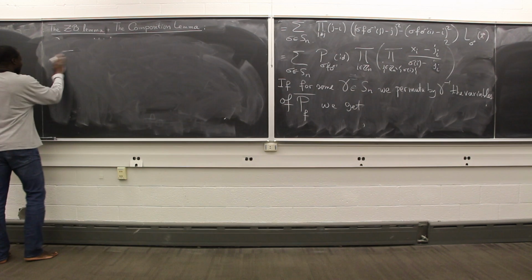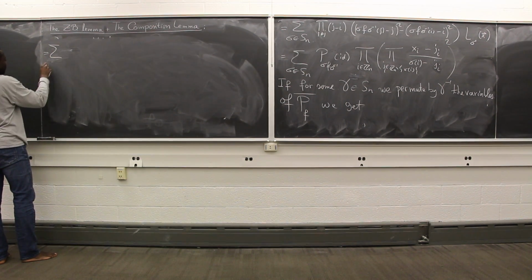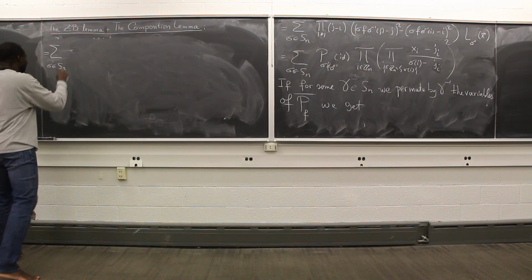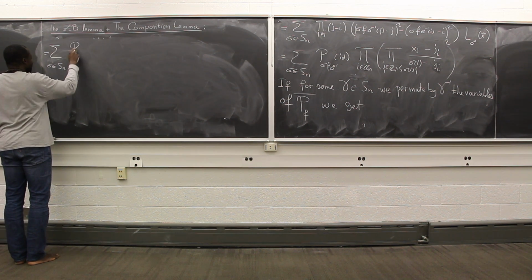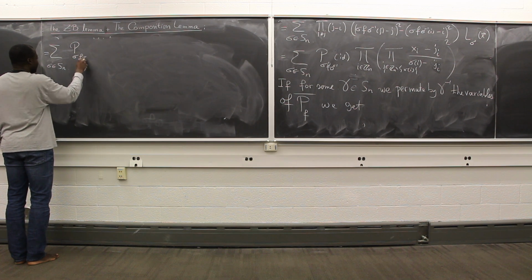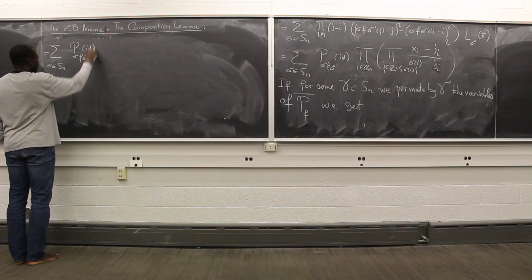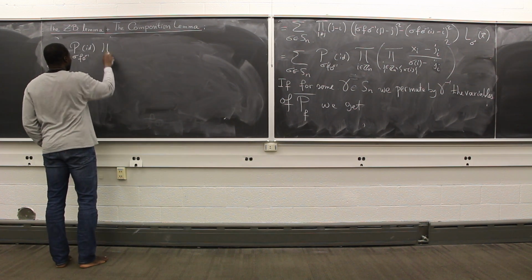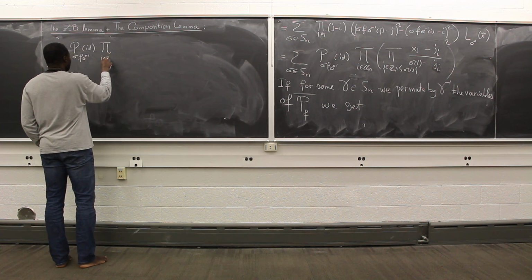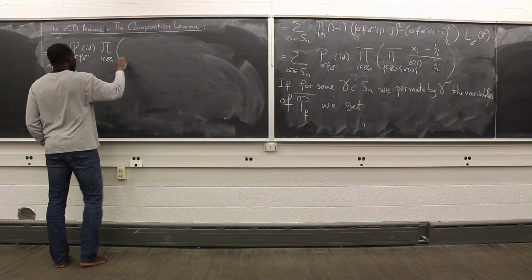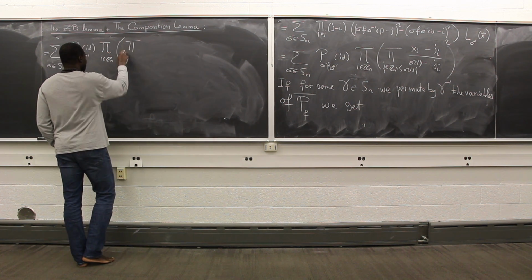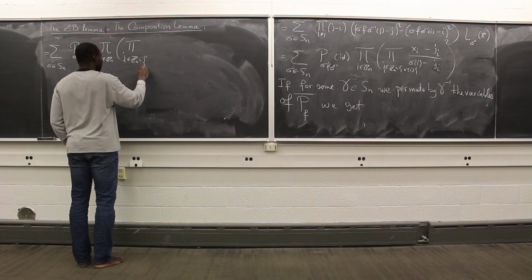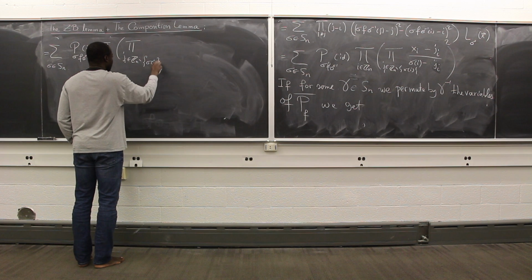So we get some sigma in Sn. And here, I'm going to do it in slow motion. So I'm not going to do everything at once. And now I'm going to write product I in Zn, product Ji in Zn minus sigma I.